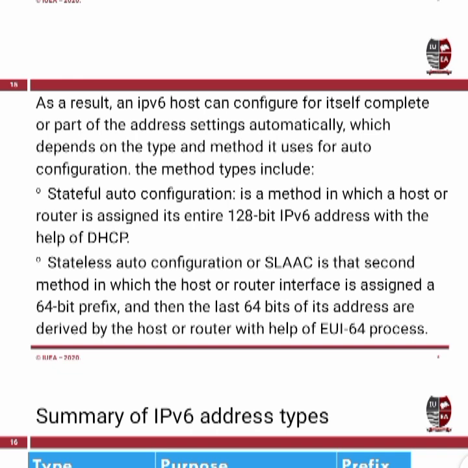The method types include stateful auto configuration, a method in which a host or router is assigned its entire 128-bit IP version 6 address with the help of DHCP.